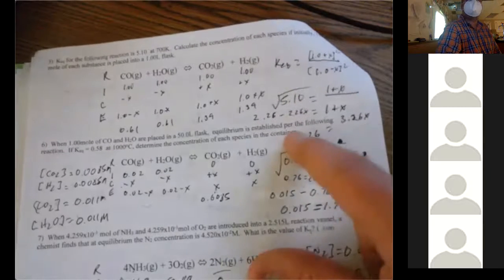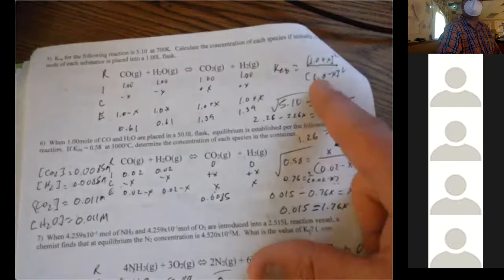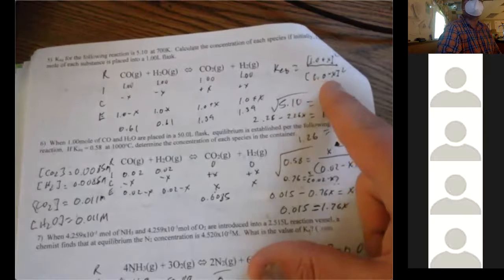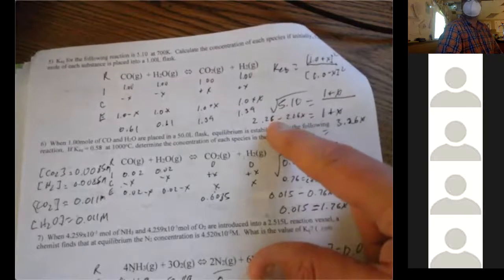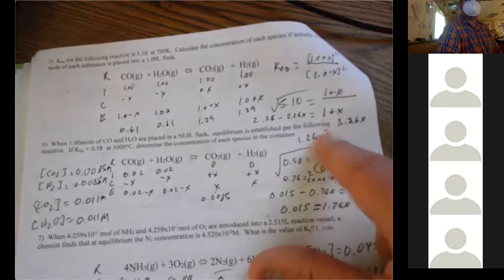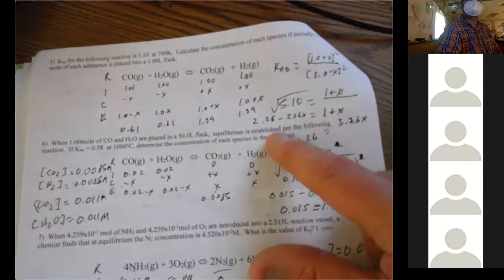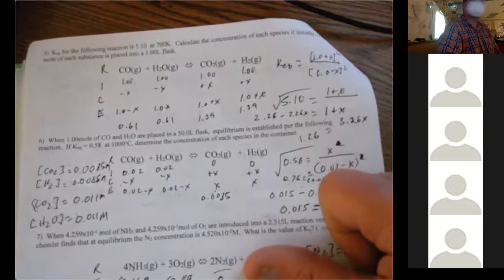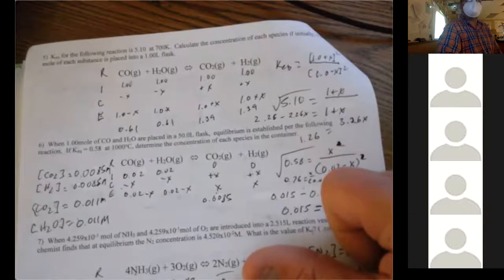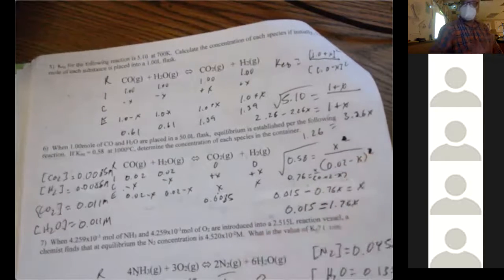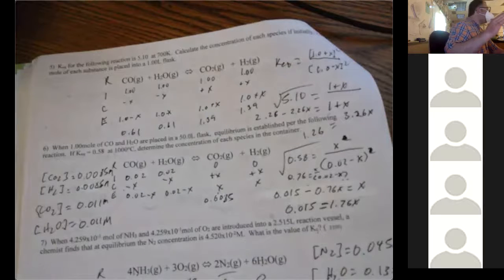And then I multiplied both sides by 1 minus X. And then I just solved the problem for X. Then you would do the minus 5.1 if you're setting it equal to 0.